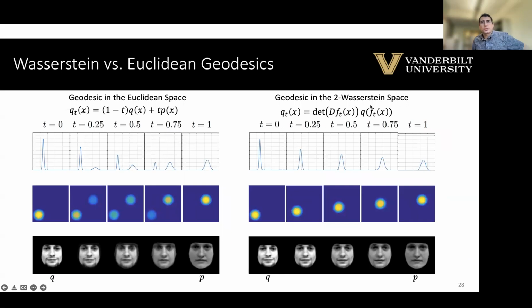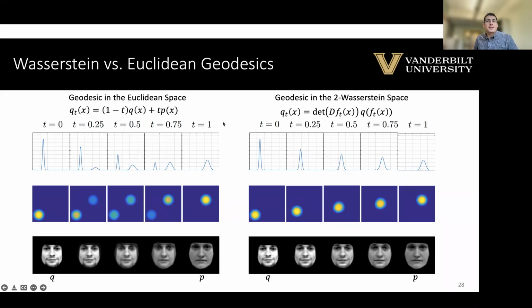And if we look at this shortest path, the Wasserstein geodesic between two distributions here in one dimension, we see that actually one distribution is being transported. It's moving along from one distribution to another. Same here in the two-dimensional space, and here for a more complex distribution, in this case faces.